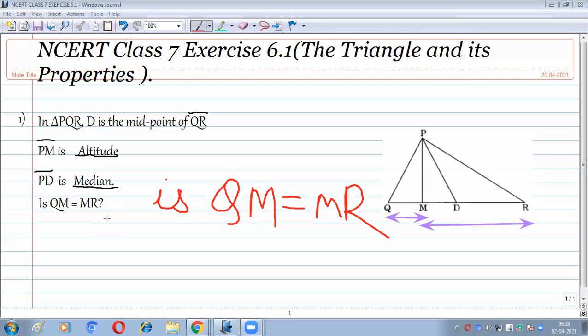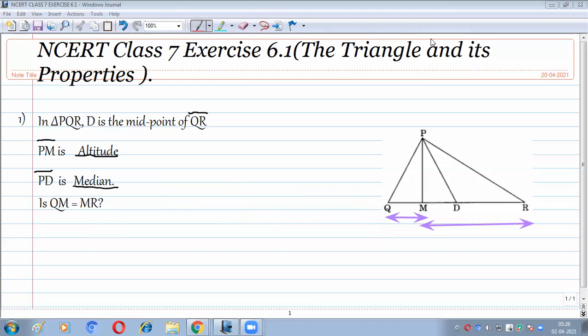M is not the midpoint, so you can't say that both lines are equal, because M is the perpendicular, not the midpoint.